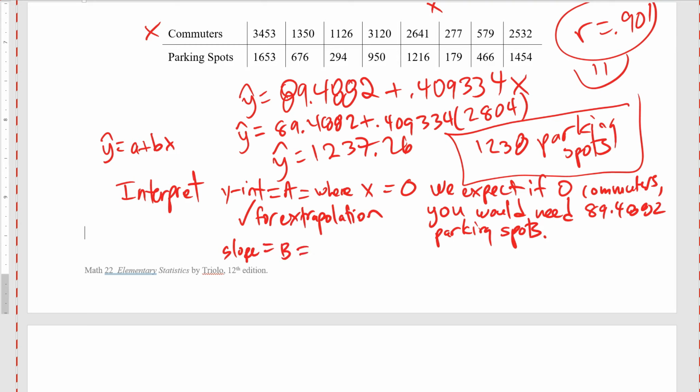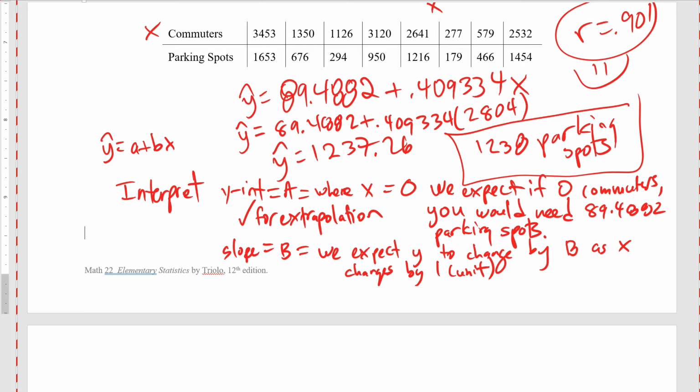And the way we interpret this is we say, we expect y to change by whatever b is as x changes by 1 and whatever unit it is.